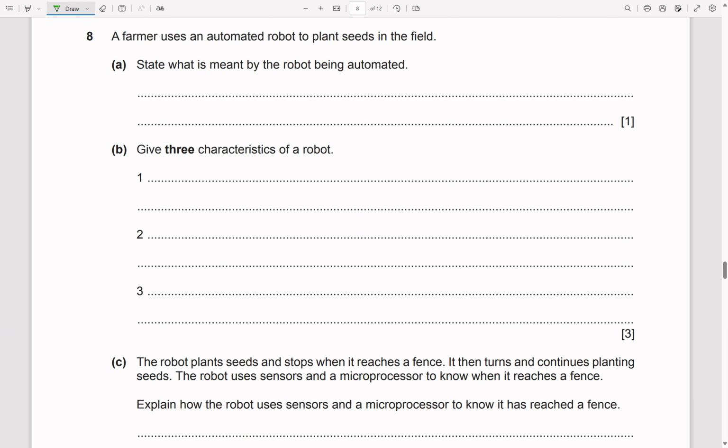A farmer uses an automated robot to plant seeds in the field. State what is meant by the robot being automated.